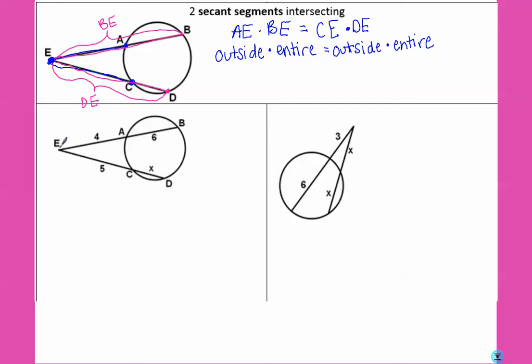So here, we're going to start with this segment at the top. The outside is 4. Now be careful, the entire thing is all the way from here to here, which is 10, equals the outside, which is 5, times the entire thing is 5 and x, which would be x plus 5.